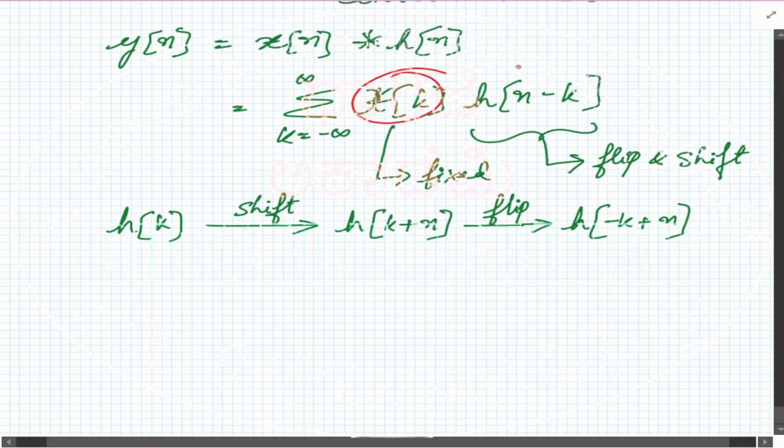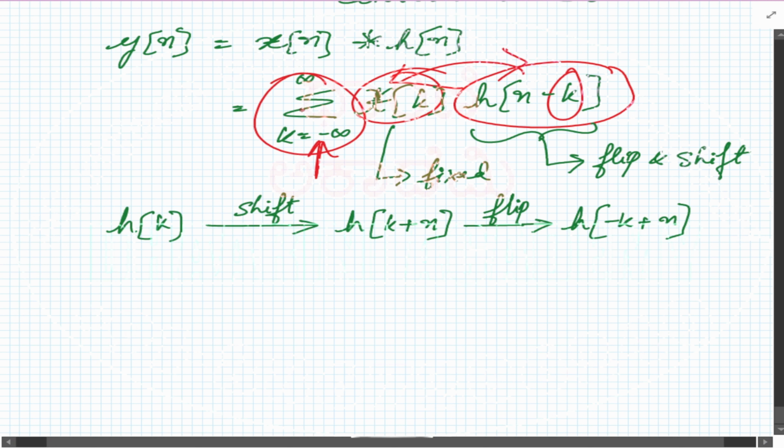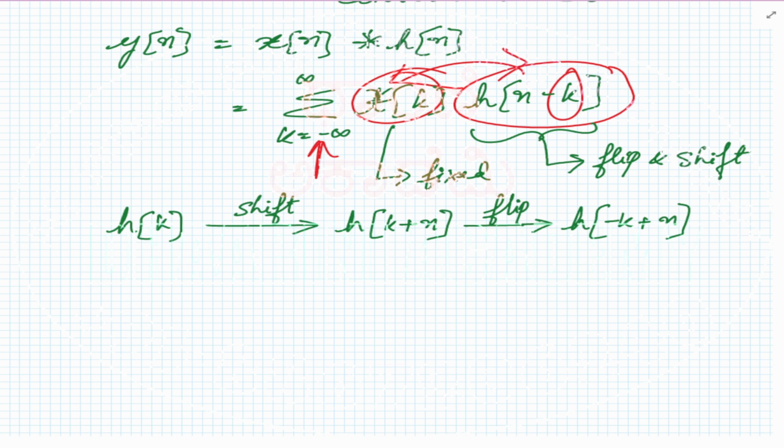The second function you flip and get ready for shifting. How much shift? Shift is decided by k. Whatever value of k you put, so many shifts will be there. k is 1, k is 2, k is 3, k is 4, etc. Then take a product of those two functions. Take a sum. This is what you are going to do for convolution in discrete.